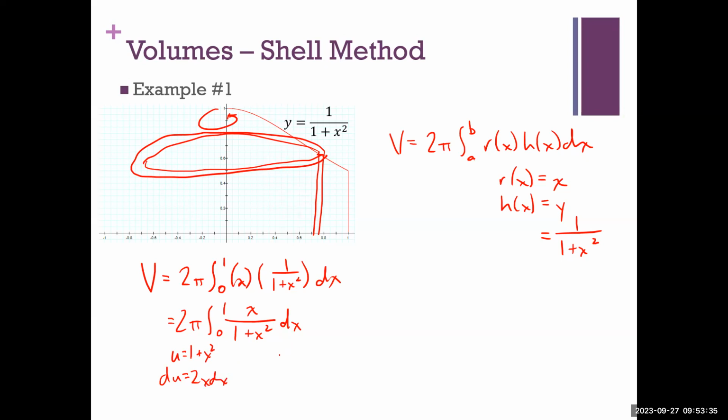We should probably change the bounds as well, right? So that becomes 2 pi times the integral of, what are our new bounds? 1 to 2 of 1/2 du over u.